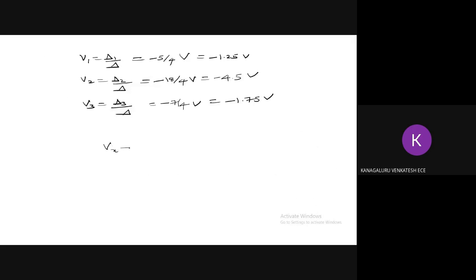What is the V3 value? Minus 1.75. And V1 value? Minus of minus, it becomes plus 1.25. What do you get? Minus 0.5 volt. You can cross check.